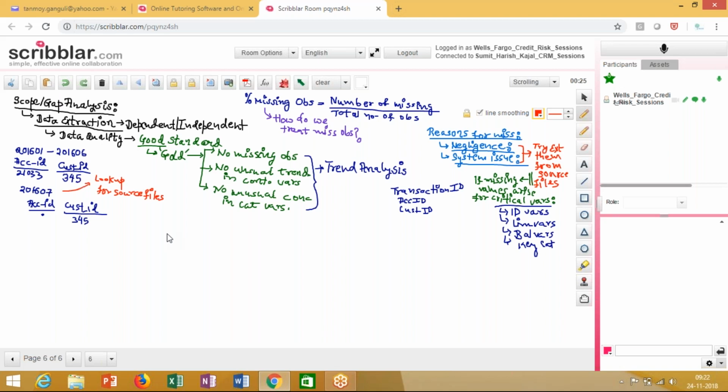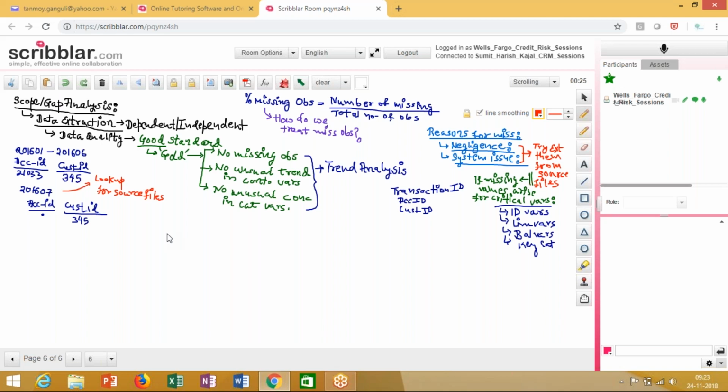However, ideally this ID variable should not be missing, or a particular ID may be missing after a point of time. So if I am merging, if I am trying to fetch one particular ID after a point of time, you may see that a customer ID may exist, but the account ID may not exist.